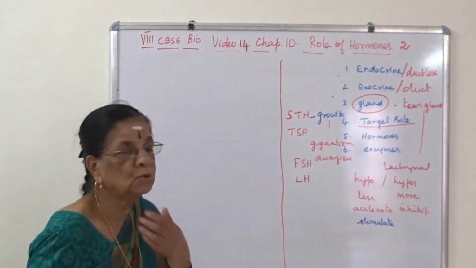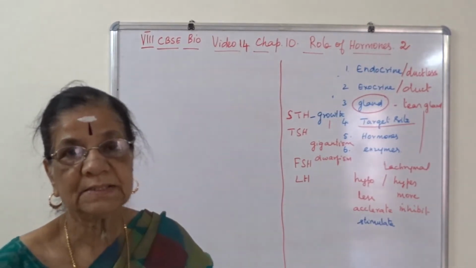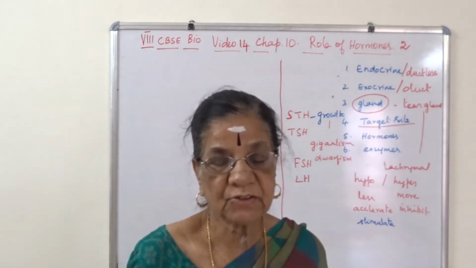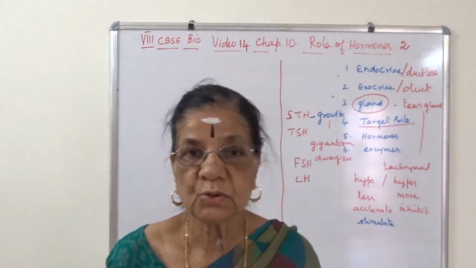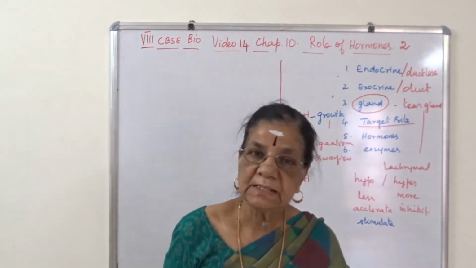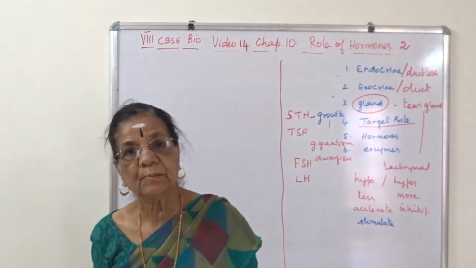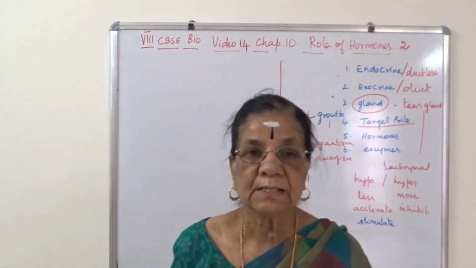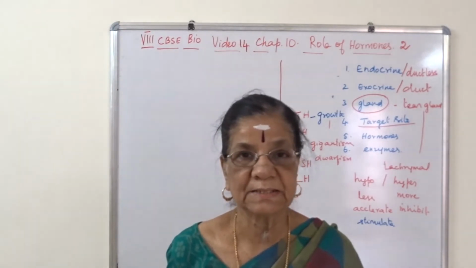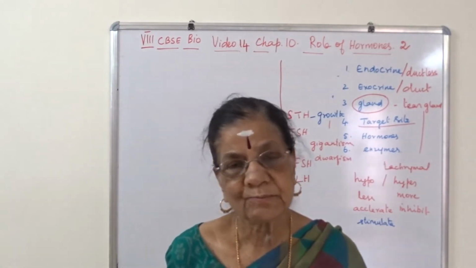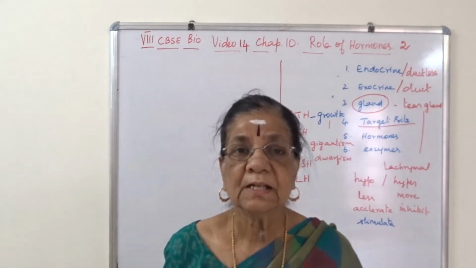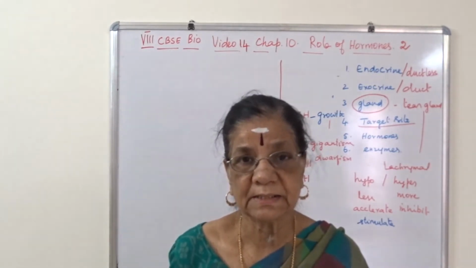Hormones are chemical substances which are required in small quantities and they are poured into the bloodstream without any duct. Whereas enzymes are again biochemical substances that are secreted by the digestive glands and carried by the duct.